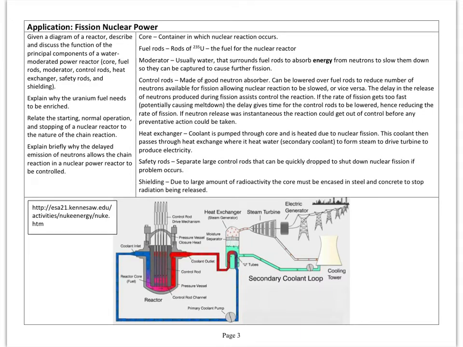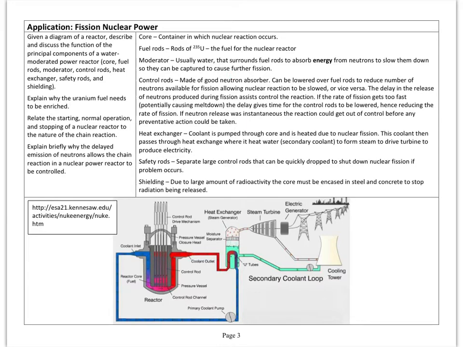So what are the parts of a nuclear reactor? Well, firstly we have our core, as I've said, which is where the reaction happens. Then we have our fuel rods, which contain our uranium-235, and that's all surrounded by our moderator, which is usually water, that surrounds the fuel rods to absorb the energy from the neutrons to slow them down so they can be captured for further fission.